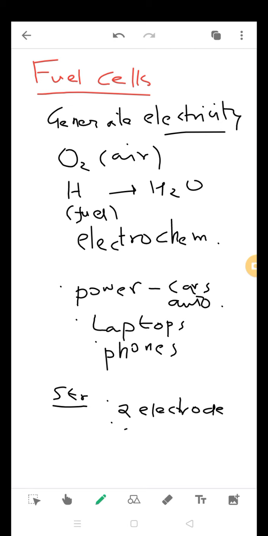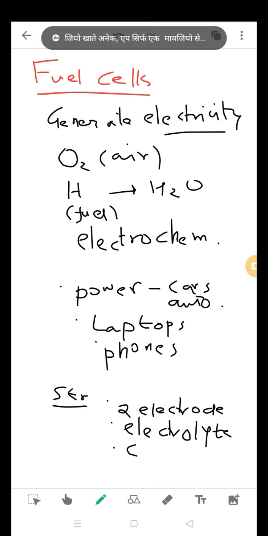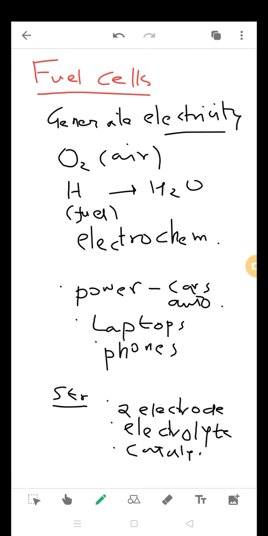And there is an electrolyte, as in a typical electrochemical cell, and a catalyst, which in most cases is platinum. And the electricity is generated when the oxygen and hydrogen combine to form water.